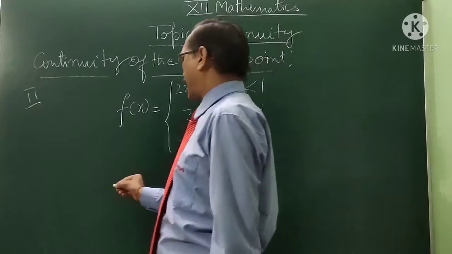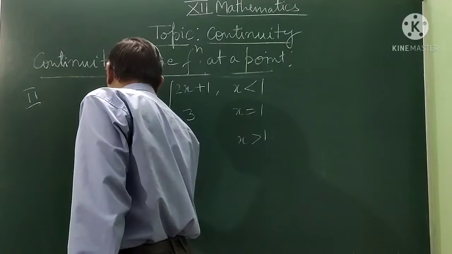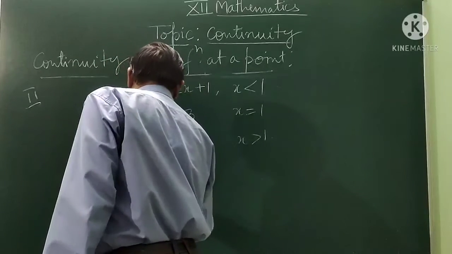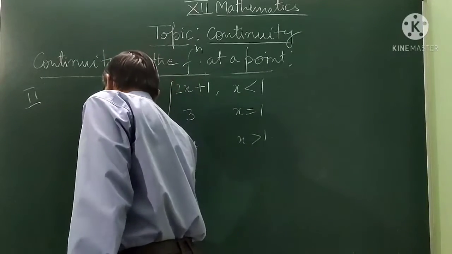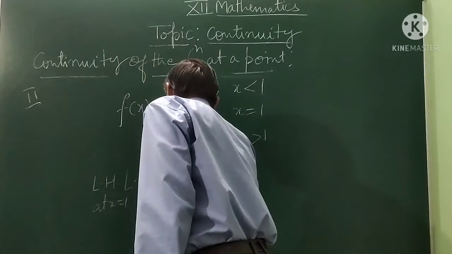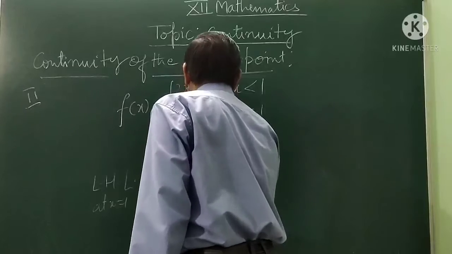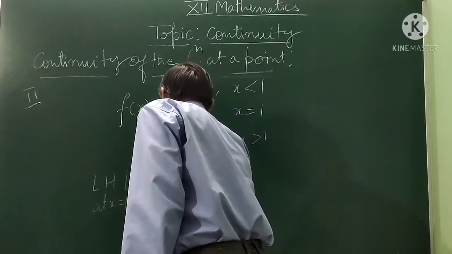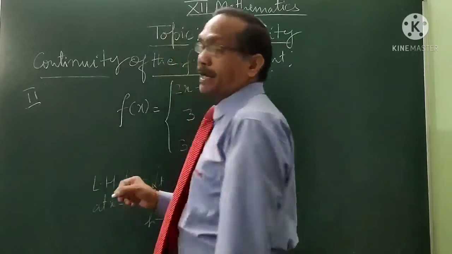Now let us find the left hand limit at x equal to 1. Limit x tends to 1 minus h, h tends to 0, h is very very small.